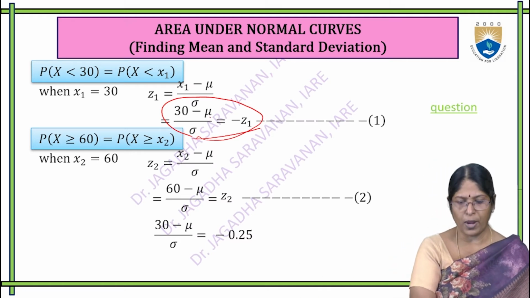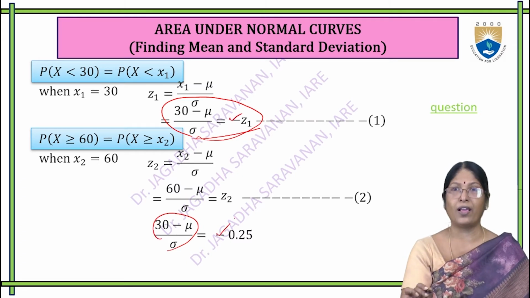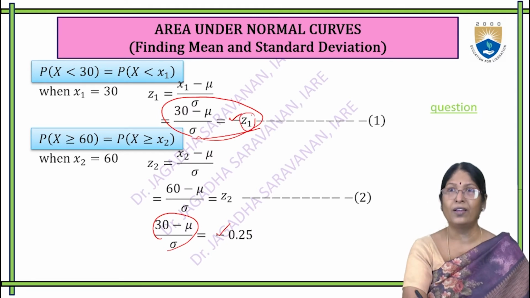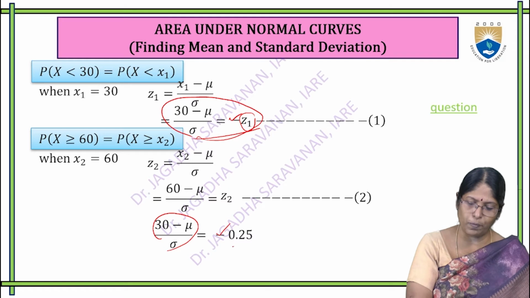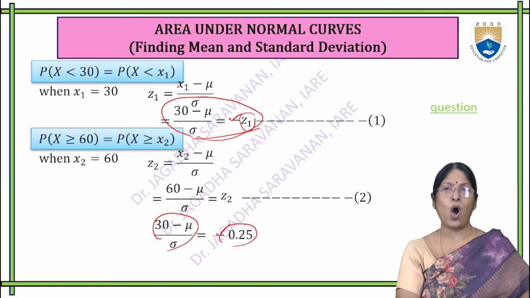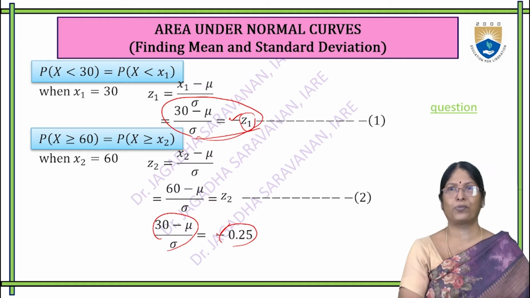Now, (30 minus mu)/sigma, the left side I have written as it is. The minus sign is written as it is, whereas this Z1 we replaced by 0.25. How did we obtain the 0.25? There is no connection with the previous steps.